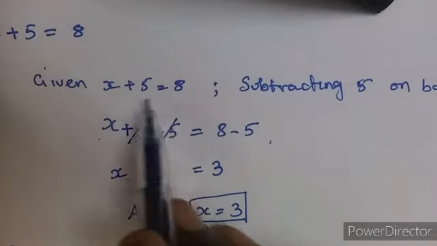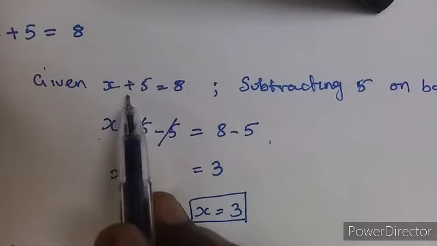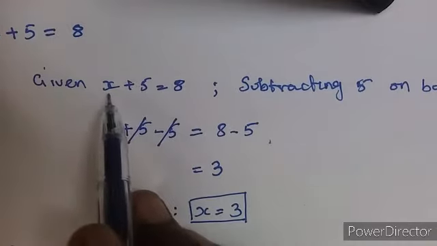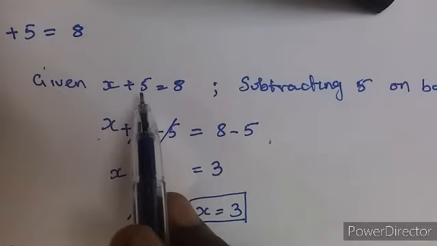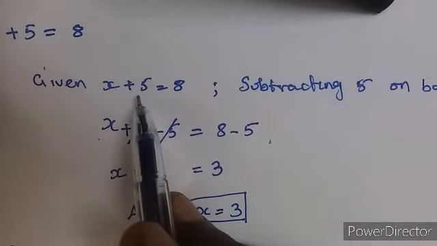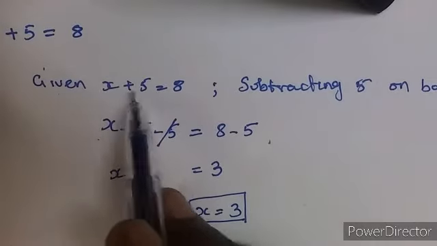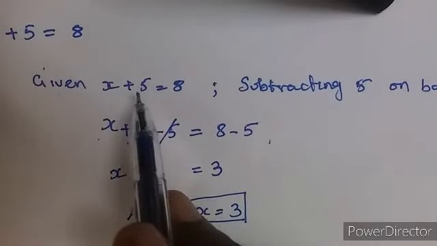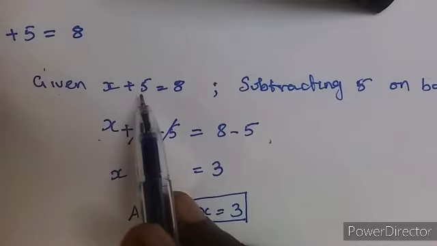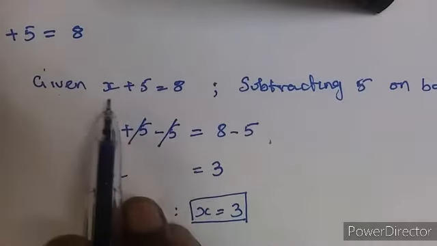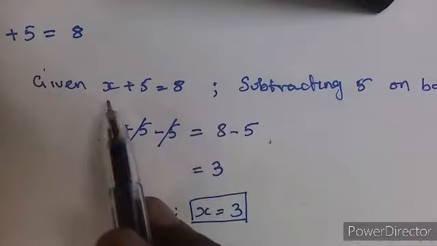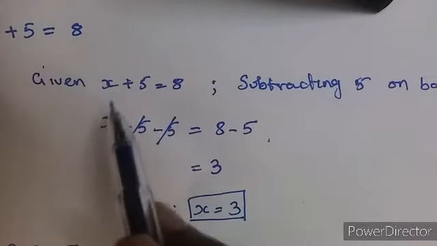Now, here in the expression, it is given as plus 5. So, to find the value of x, you have to subtract the constant number. What is the given constant number here? It is 5. So, you subtract the constant number 5 on both the sides, LHS as well as the RHS, to find the value of x.